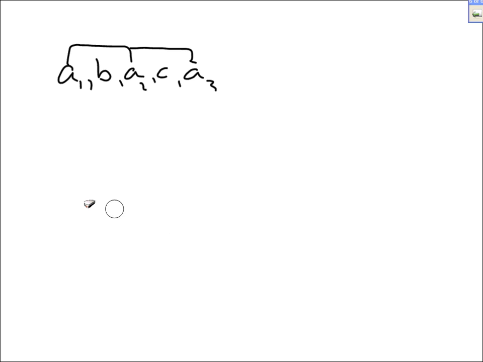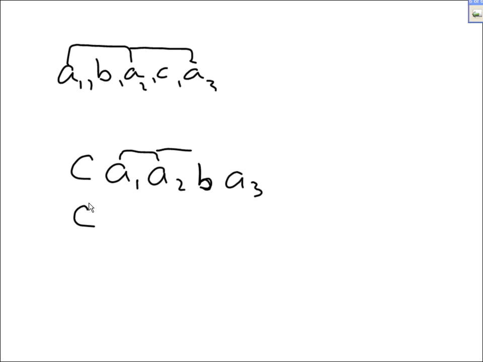If I write C, and then A1, A2, B, A3, that's a 5-letter word using the 5 letters on top. Well, again, I can permute those 3 A's 6 different ways.